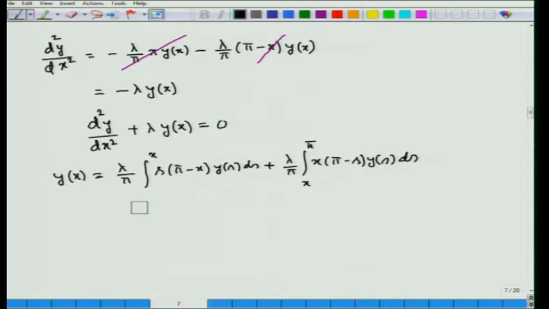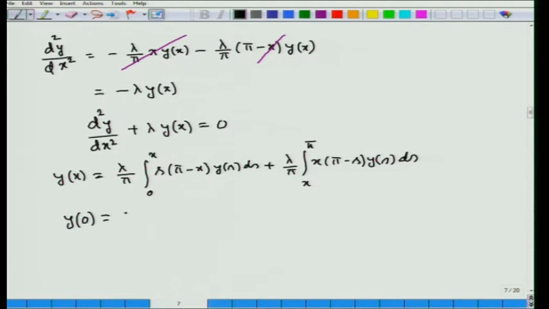Here the lower limit will be 0, and if we substitute x equal to 0 here, you can see that the first integral will be from 0 to 0. So, this contributes 0, and in the second integrand you have x. So, substituting x equal to 0, this integrand comes out to be 0.